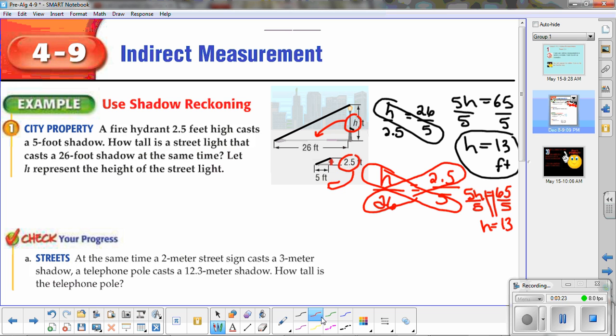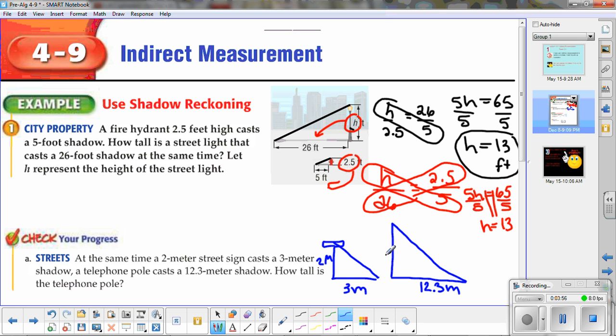It says at the same time, a 2-meter street sign. So let's say here's our street sign. Sometimes drawing a picture is helpful. A 2-meter street sign casts a 3-meter shadow. A telephone pole casts a 12.3-meter shadow. These, again, are right triangles that are similar to each other.